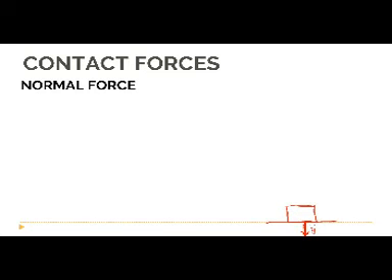If the object is exerting force to the surface, there is also an equal and opposite reaction of the surface to the object. So there is also a force that is exerted by the surface to the object, and that is what we call the normal force, with the symbol F sub n.